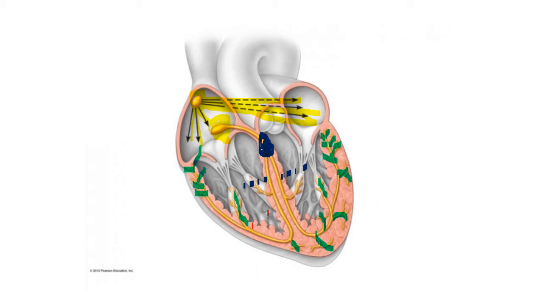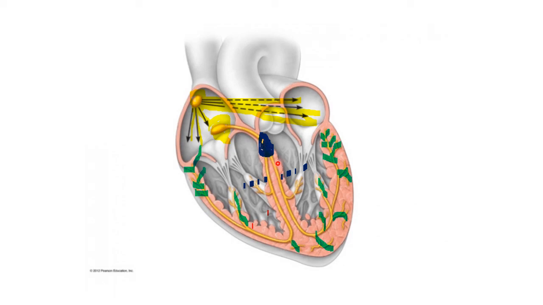So again, we have the SA node carries impulses across to the left atrium, goes down to the AV node. So SA, left atrium, AV node. There is half a second delay down to the bundle of His inside the interventricular septum.